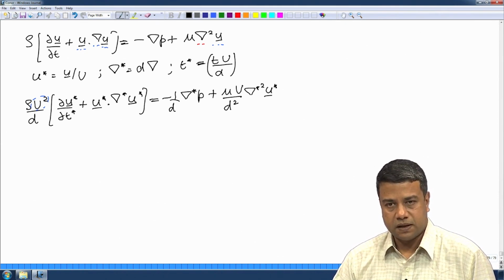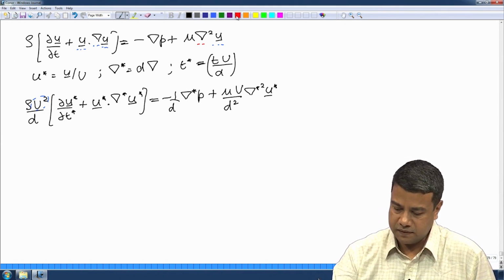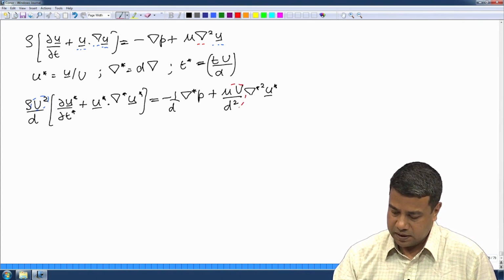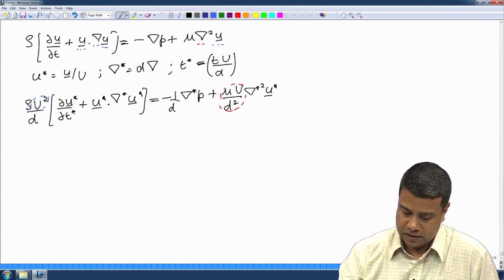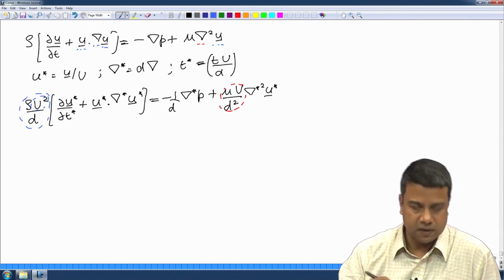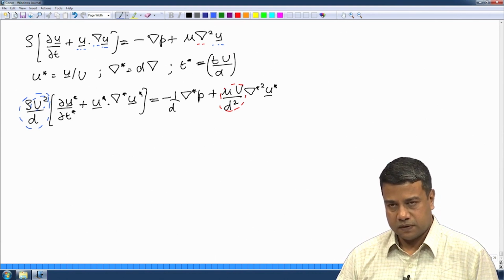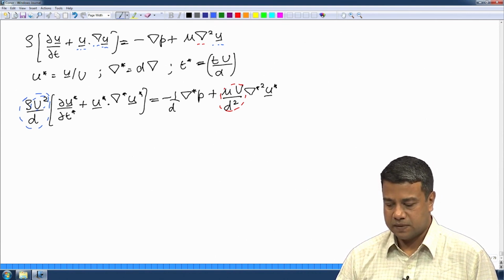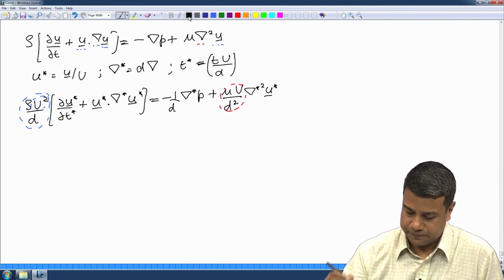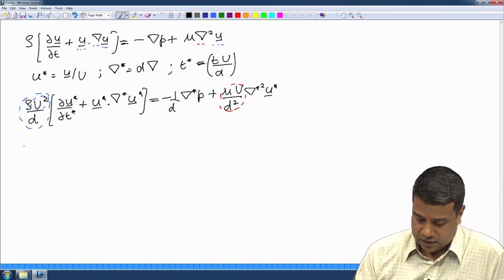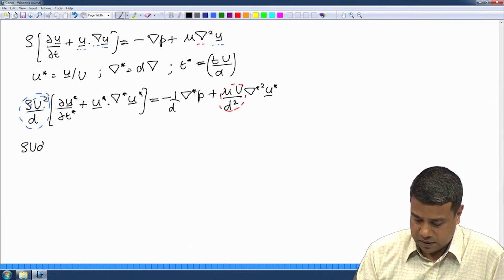Now, I can divide the equation throughout by either of these coefficients, either the viscous coefficient or the inertial coefficient. Which one you choose will depend upon what is dominant. For the present, I will choose to scale it by the viscous scales. And if I do that, on the left side I get rho u d by mu.